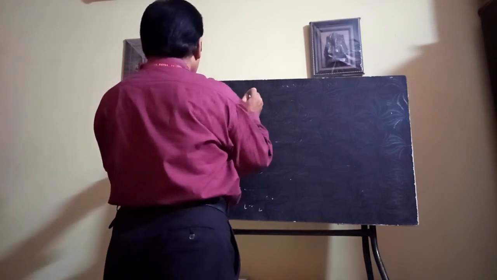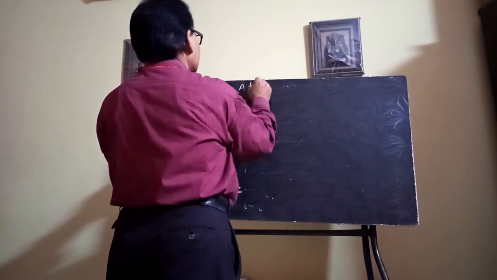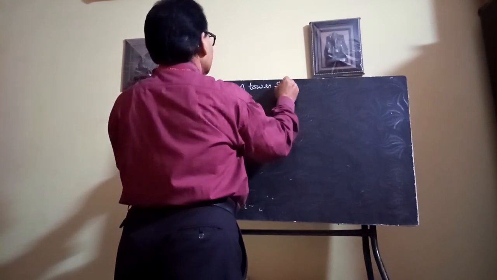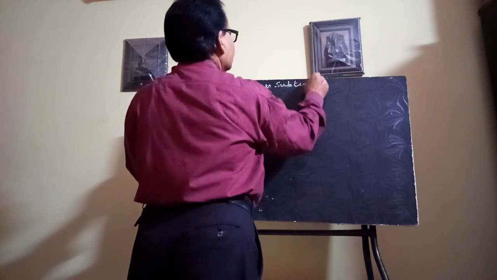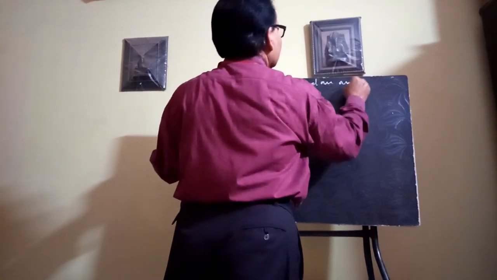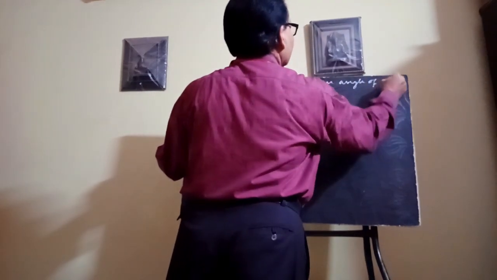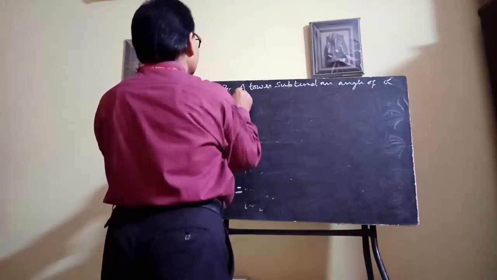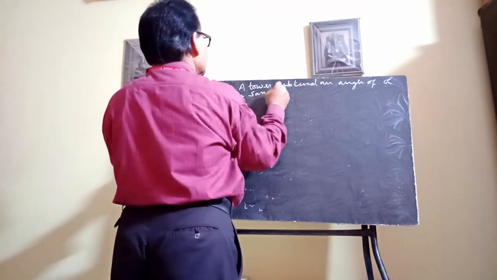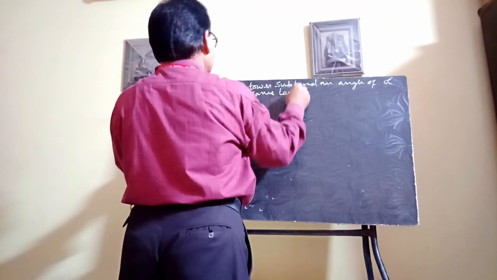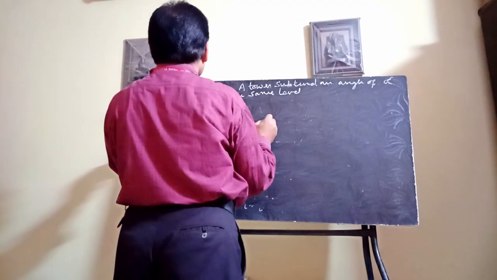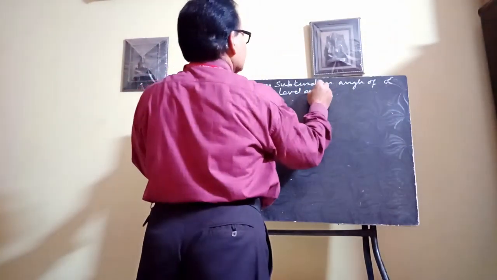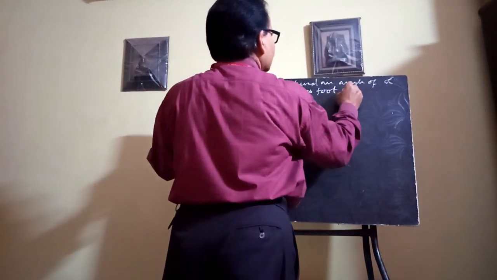In this case, a tower subtends an angle of alpha on the same level as the foot of the tower.